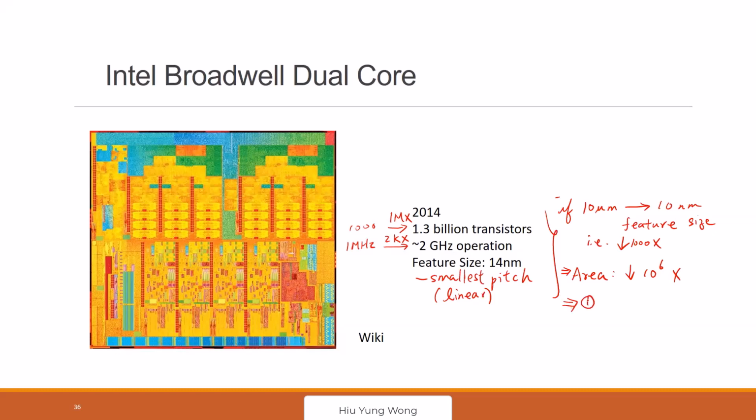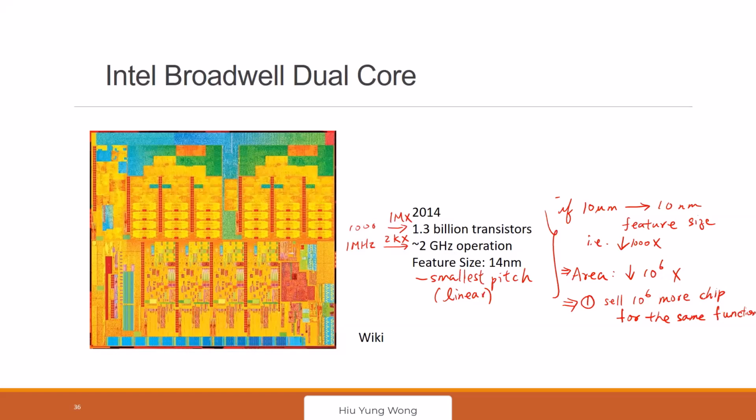Well, I reduce area by 1 million times. It means that, of course, this is just a rough estimation, I can sell 1 million times more chips for the same function. Correct? Well, I make it so small.